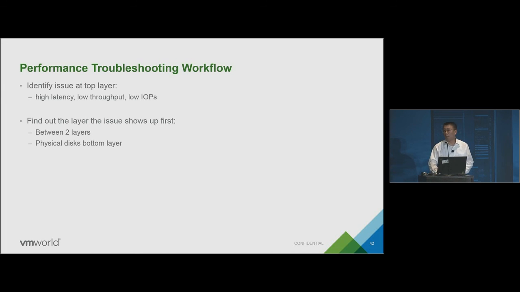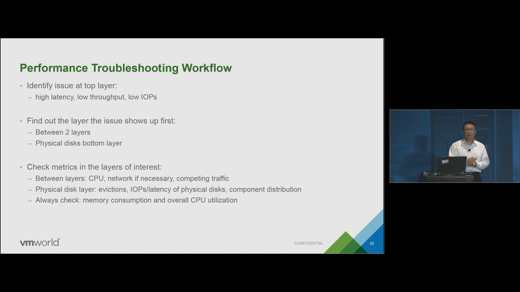After we identify the layer that has the problem first shows up, we just focus on that layer and check for related entries in that layer that could lead to the performance issues. For example, if it's between two DOM layers, check for the related CPU thread utilization.